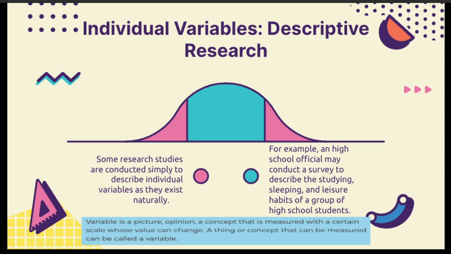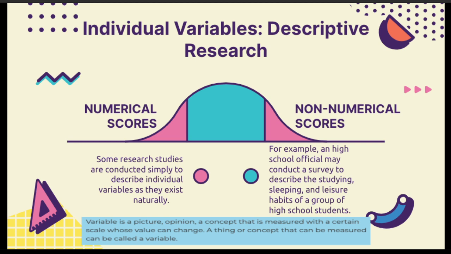A high school official may conduct a survey to describe the studying, sleeping, and leisure habits of a group of high school students. If this study had been conducted, then there are results that will be developed. The results, we call them numerical scores. These are typically described by computing the proportion or percentage, and the non-numerical scores.